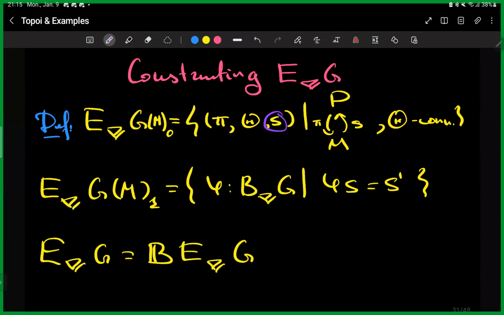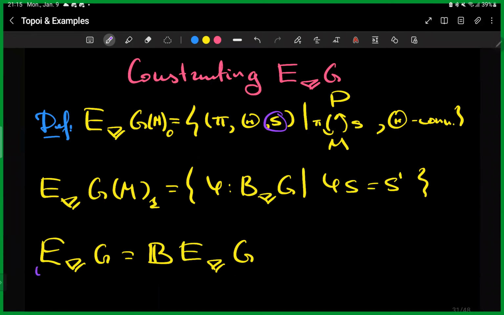And morphisms consist of such maps between principal bundles with connection so that they preserve this trivialization. So they preserve the connection because of this condition, and they also should preserve the trivialization.